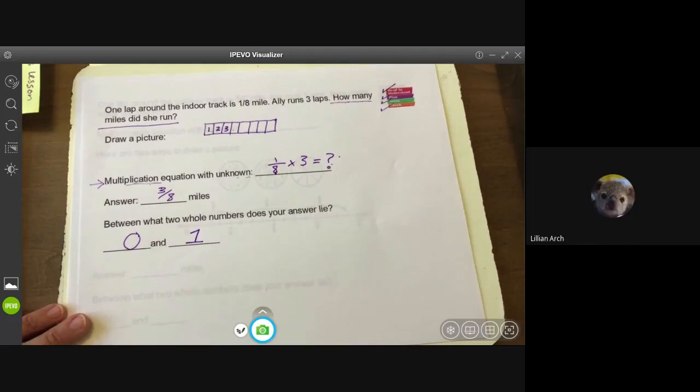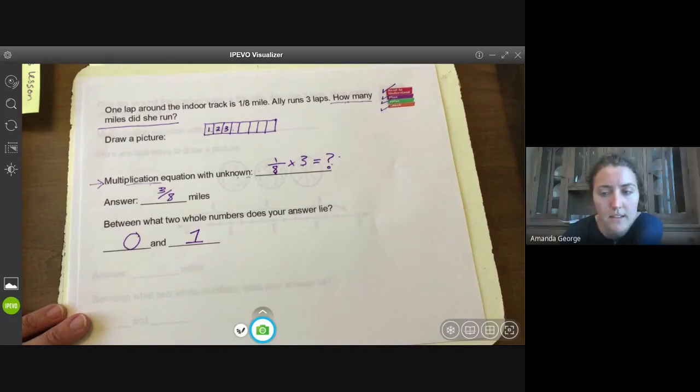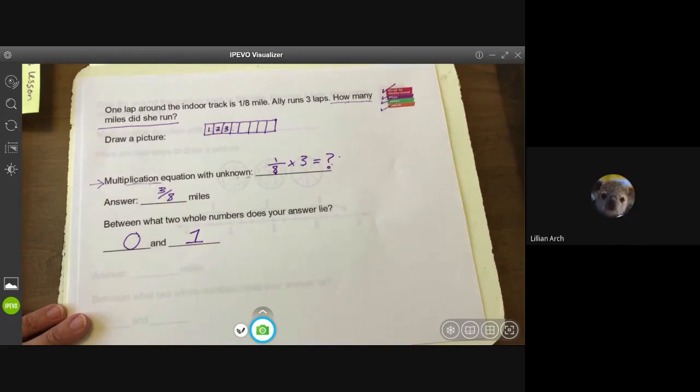So I have a different way to do it. Please. So I would still draw a picture if it said draw a picture, but you could also write it as 3 times 1/8, and then my dad taught me how to do this. You can either divide by the denominator or multiply by the numerator. So I like to multiply by the numerator.